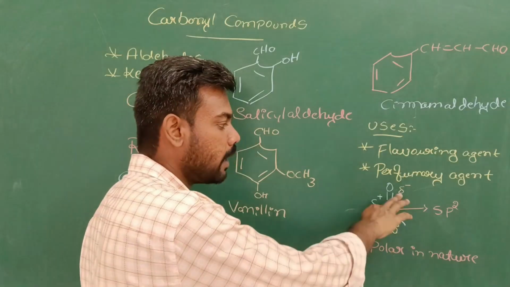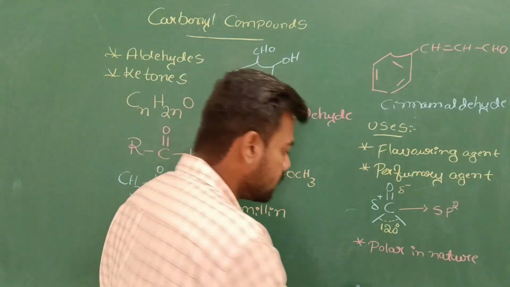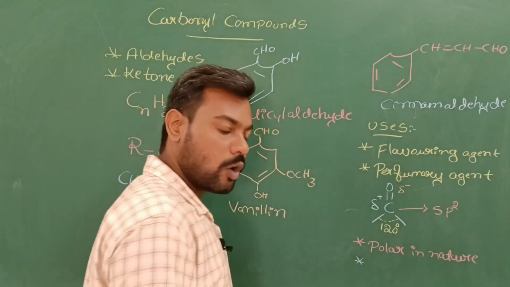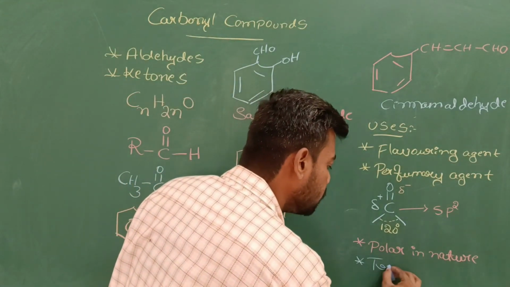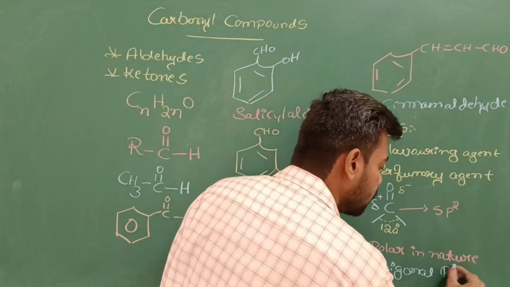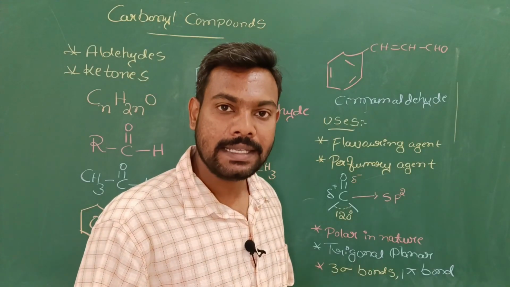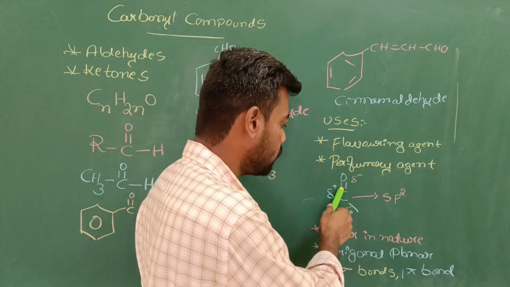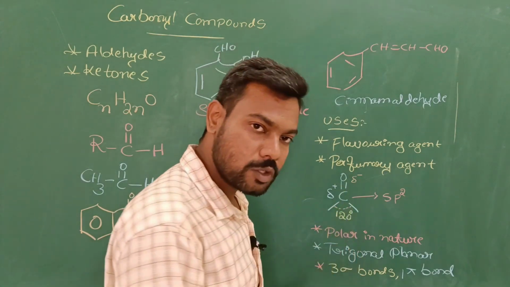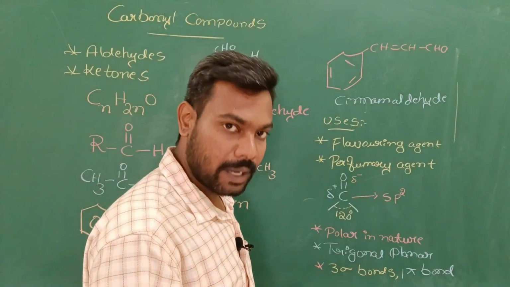The shape of the carbonyl group is trigonal planar. There are three sigma bonds and one pi bond.